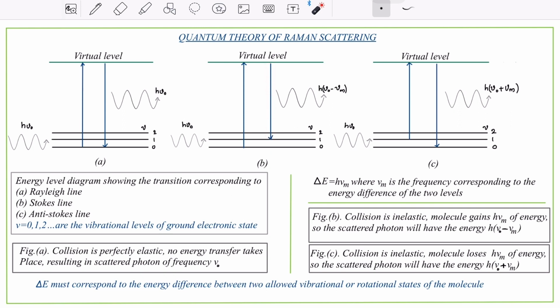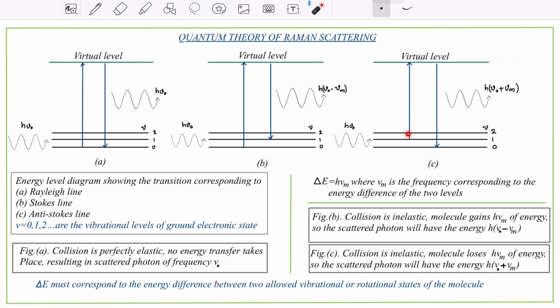Suppose the molecule absorbs a radiation of energy h nu m during the process, then it is clear that the scattered photon has a frequency nu 0 minus nu m, or we can say the scattered photon has an energy which is lesser than that of the incident photon. Here the collision is inelastic. The molecule gains h nu m amount of energy. So the scattered photon will have the energy h times (nu 0 minus nu m). Correspondingly, you will get a spectral line that is called the Stokes line.